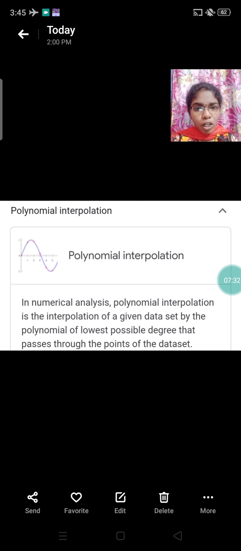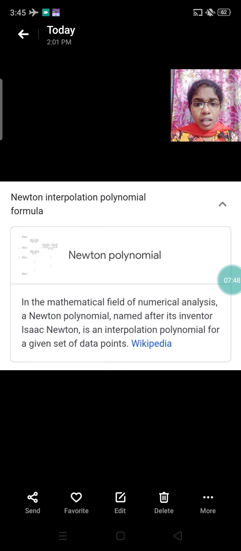What is polynomial interpolation? In numerical analysis, polynomial interpolation is the interpolation of a given data set by the polynomial of lowest possible degree that passes through the points of the data set.